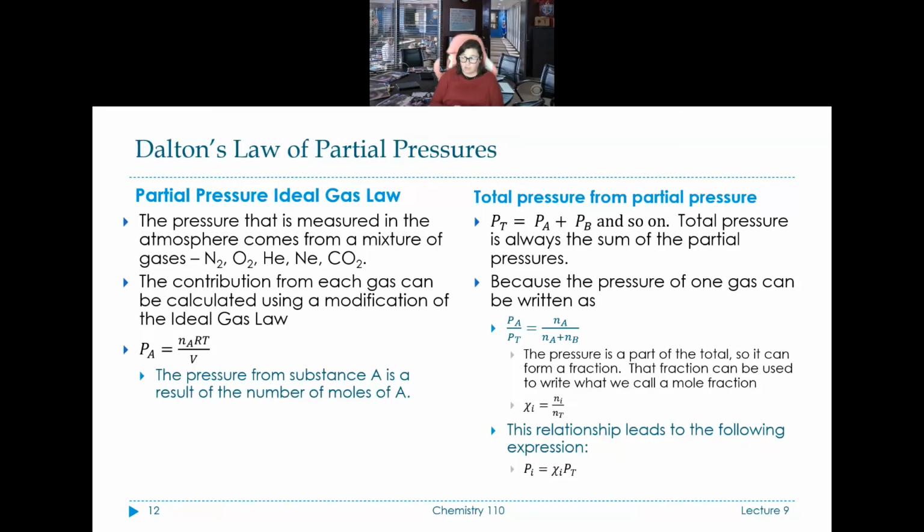So PA over PT is a fraction. That fraction can be used to write what we call a mole fraction. So the number of moles of A divided by the number of total moles is equal to something called chi.